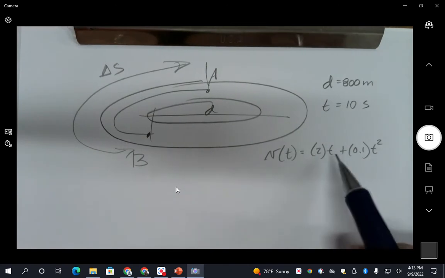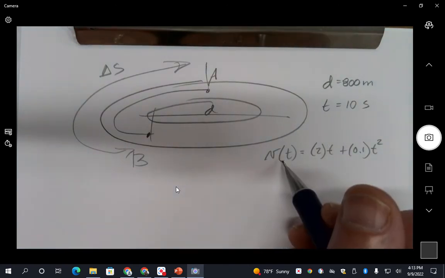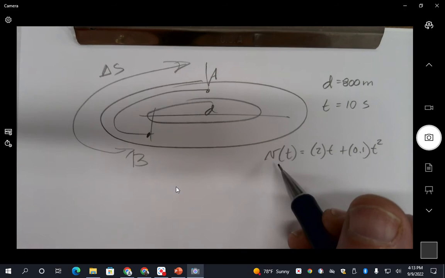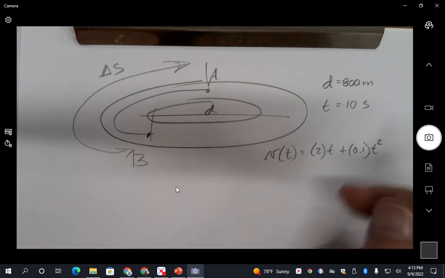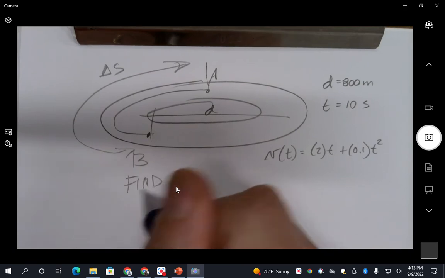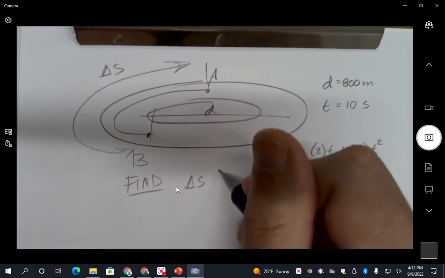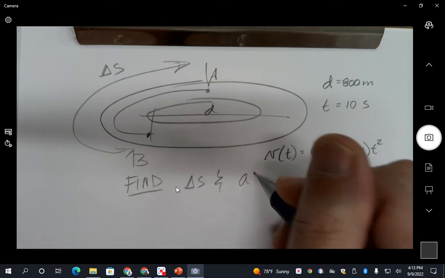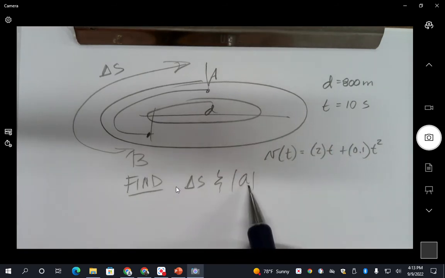What we're being asked to find is delta s, and it says total acceleration, so that means both the tangential and the normal acceleration. Find the magnitude of them.